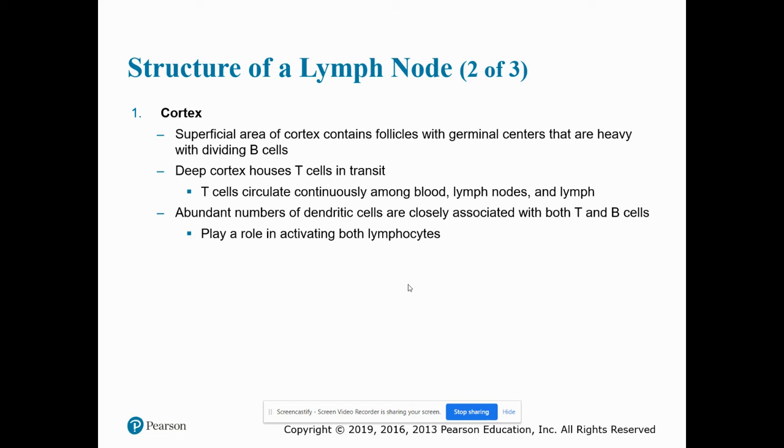Deep cortex is going to house the T cells in transit, and the T cells are going to circulate continuously among blood, lymph nodes, and lymph. Abundant numbers of dendritic cells are closely associated with both T cells and B cells, and the dendritic cells play a role in activating both types of lymphocytes.